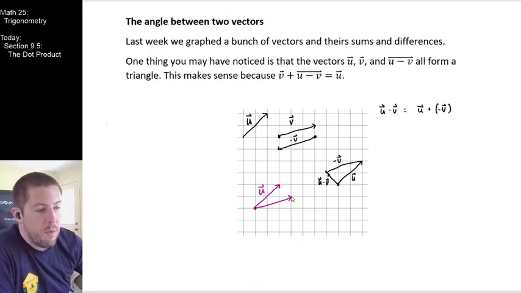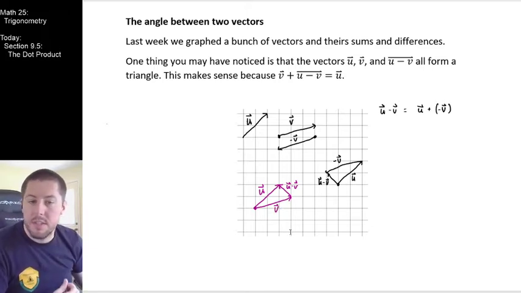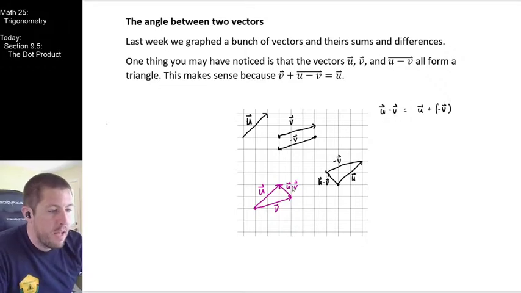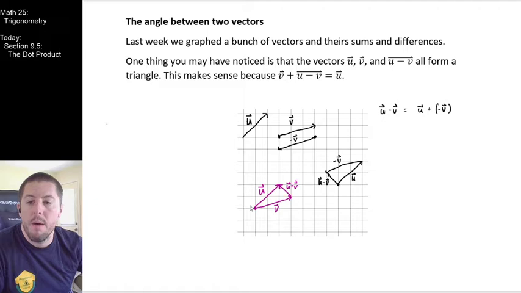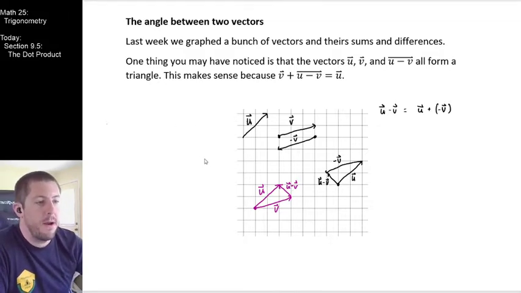That's exactly what we've got in between these two right here. Here's u minus v. So it is always the case that if you want to graphically do the subtraction between two vectors, you can just graph the two vectors from one common point, and then the connection between them will be the difference, that u minus v that we're interested in.